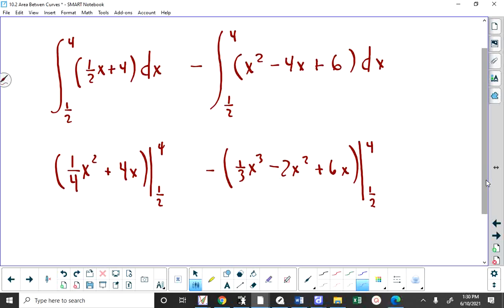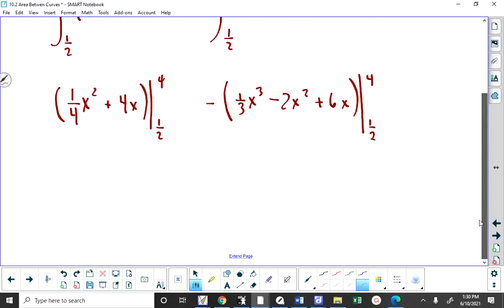Now where things get a little bit messy is that we're taking those two terms and subtracting them, but each of them is found by subtracting two things. We need to put 4 into this expression and get 1/4 times 4 squared. We'll have another set of brackets here.